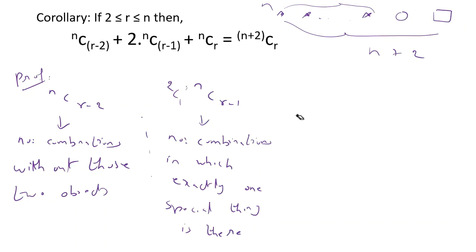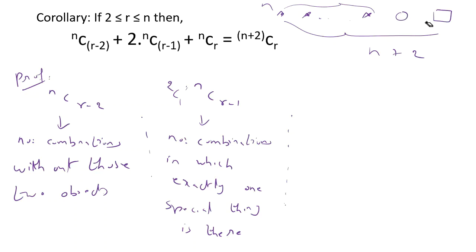Now, n choose r minus 2 stands for the number of combinations in which those two objects are there. 2 times n choose r minus 1 stands for the number of combinations in which exactly one object is there.